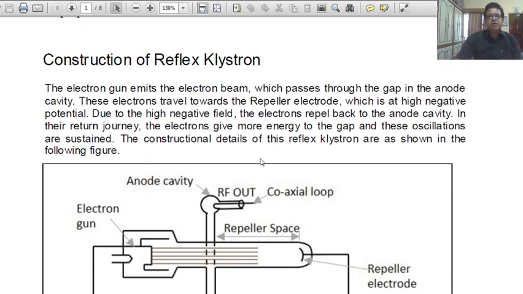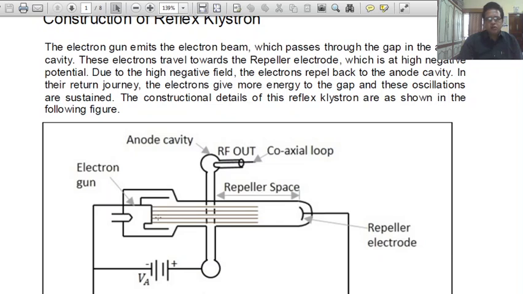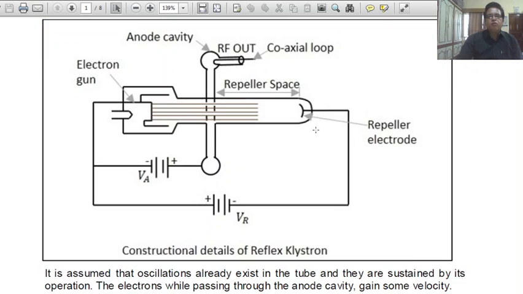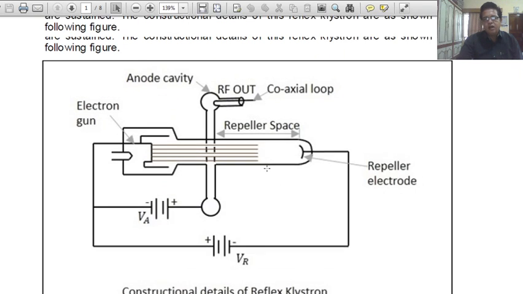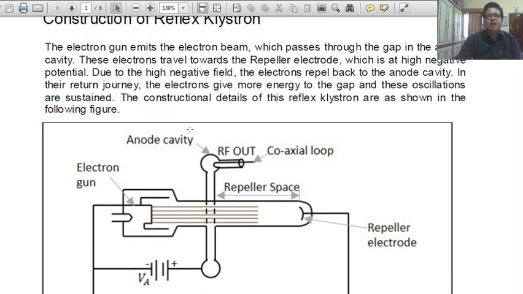Now, the construction of the reflex klystron. The electron gun emits the electron beam, which passes through the gap in the anode cavity, which we already understand. These electrons travel towards the repeller electrode, which is at high negative potential. Negative potential is given to the repeller electrode.